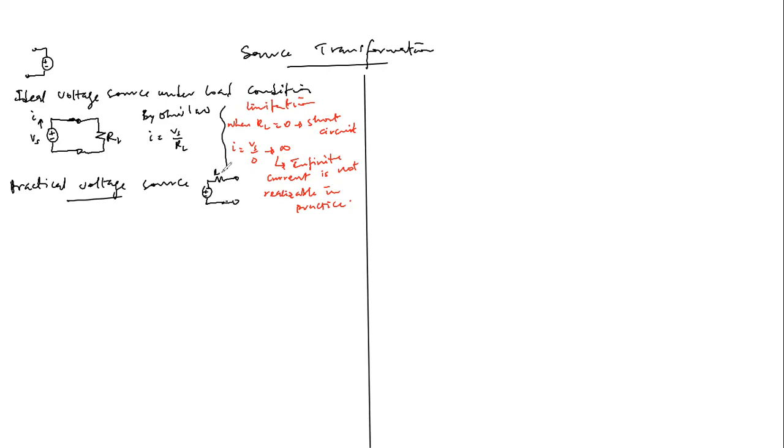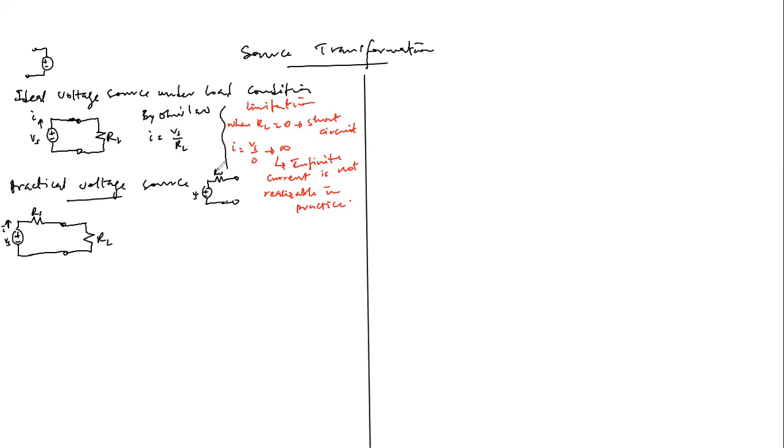This is RS, this is VS. If we connect this to a load, plus minus, in that load condition we have RL, RS, and VS. Then current flows in that direction.